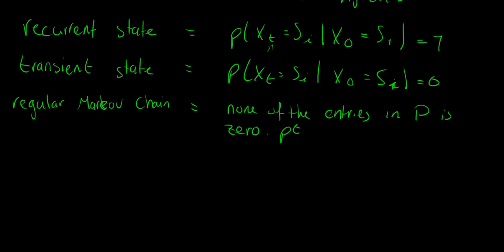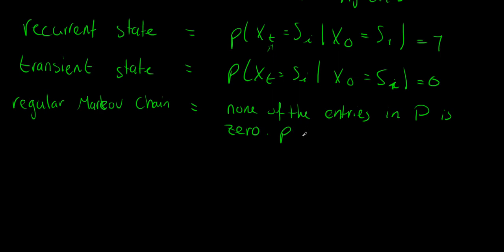What the probability is of reaching a state when you are taking 2 steps, or 3 steps, or 4 steps, depending on the power of the transition matrix. And if there is a power that you can take of the matrix where each element in the matrix is not 0, then you still have a regular Markov chain.